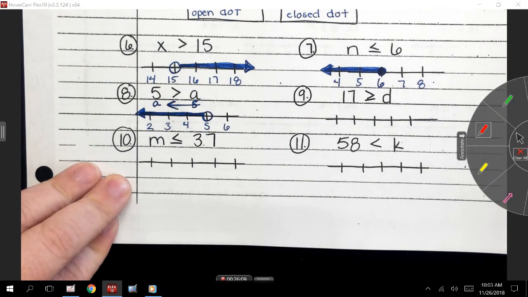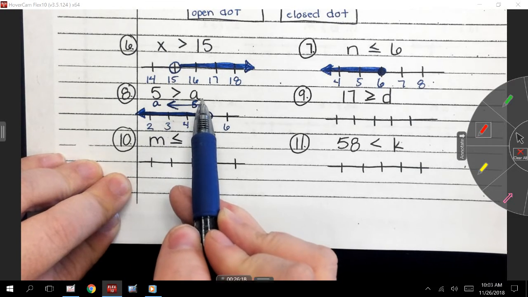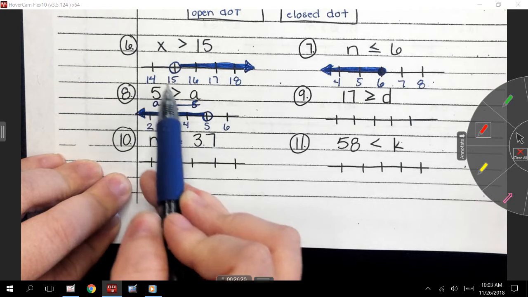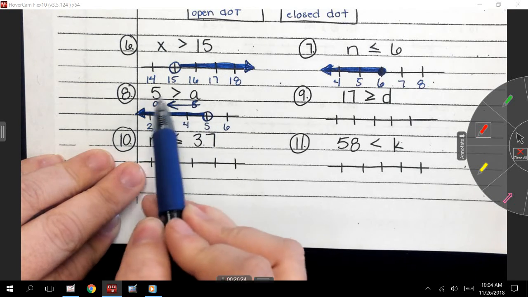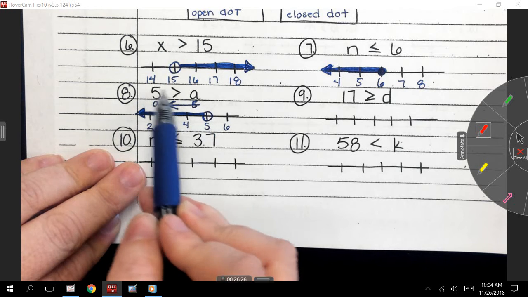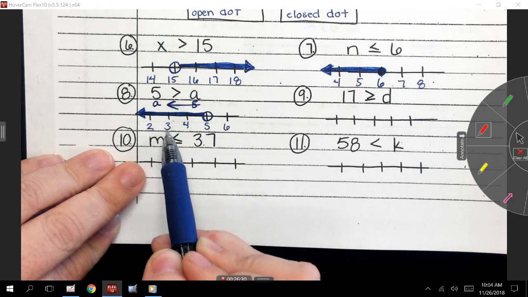Eli? I thought that it was, oh wait, never mind. So it says 5 is greater than A, right? So that means my number has to be greater than A. I'm sorry. My number 5 is greater than A, so 5 has to be greater than all the numbers. Is 5 greater than 2? Is 5 greater than 3?